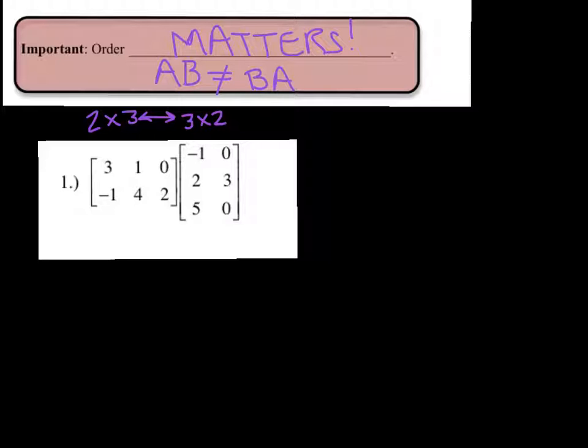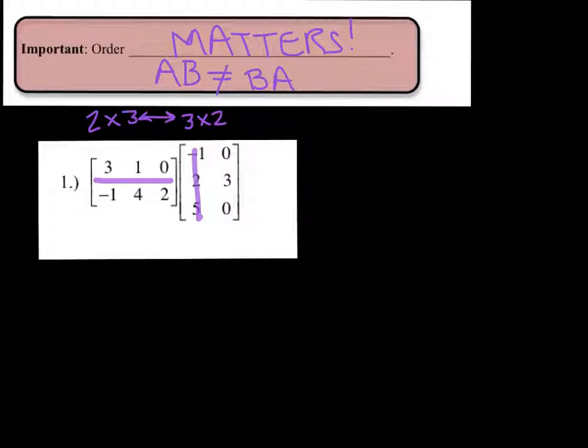When we go to multiply them, we're going to take this first row and multiply it by both of our columns. We're going to find the sum of each of those operations. So we'll do 3, 1, and 0 times -1, 2, and 5.